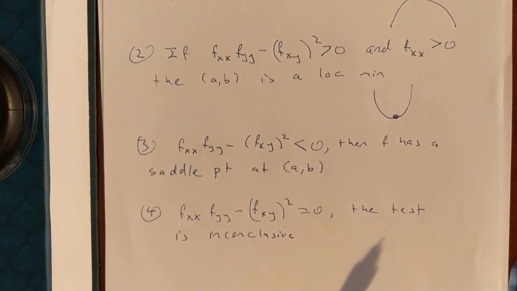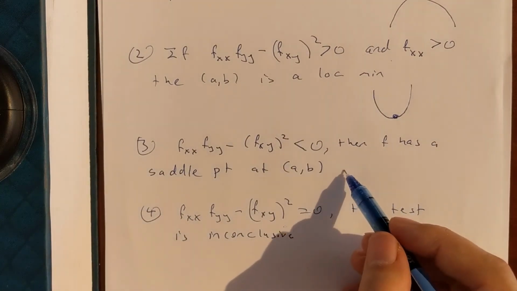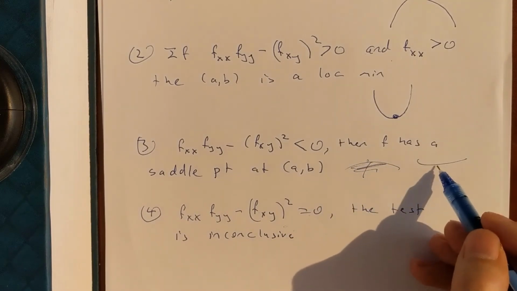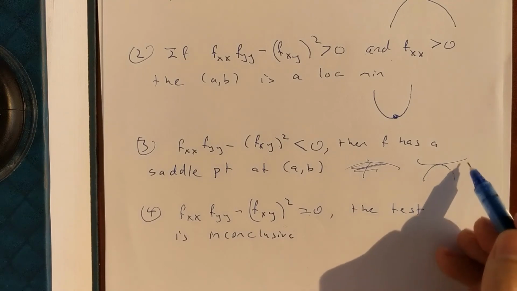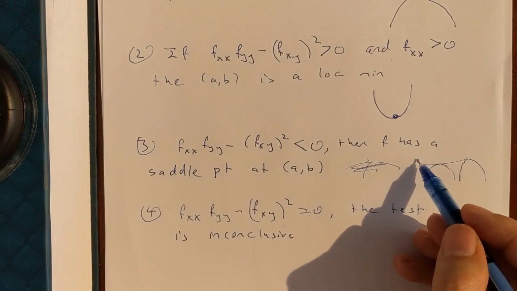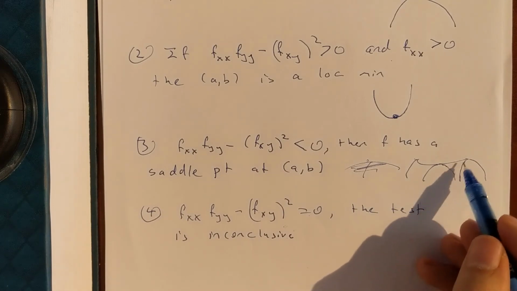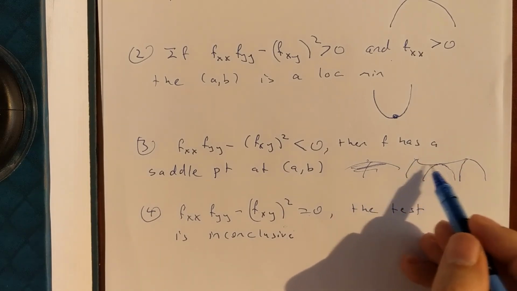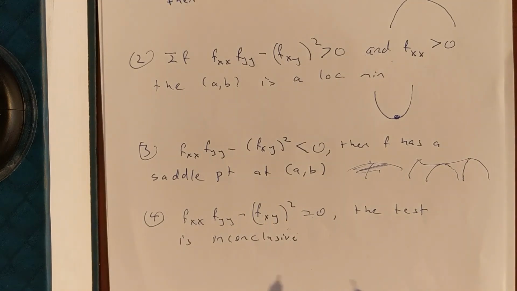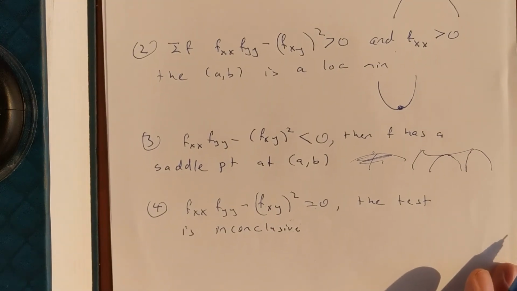If it's less than 0, that means the derivatives are heading in different directions. They're doing weird stuff. You have kind of a saddle going on. So in that case, this is going up, concave up. This is concave down. Then you have a saddle point, and when it's equal to 0, you're inconclusive.